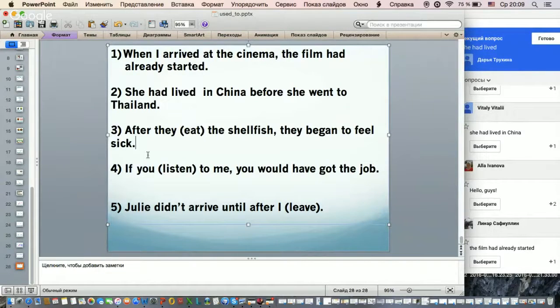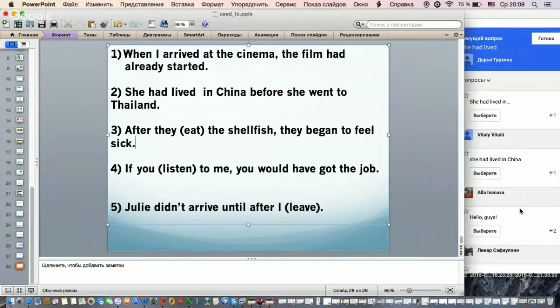Okay, so after they blah blah the shellfish, they began to feel sick. Had eaten.